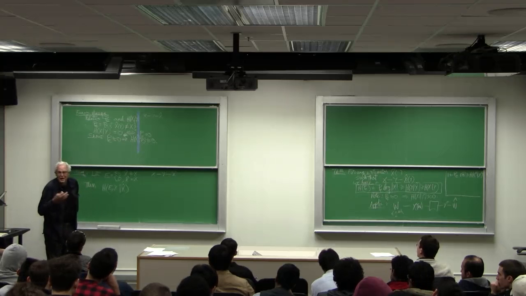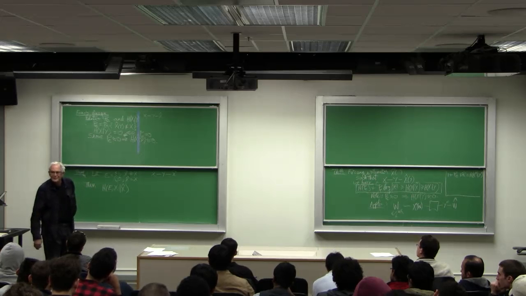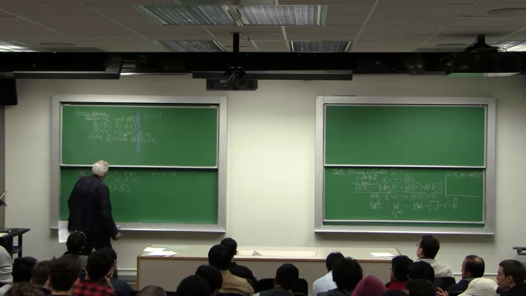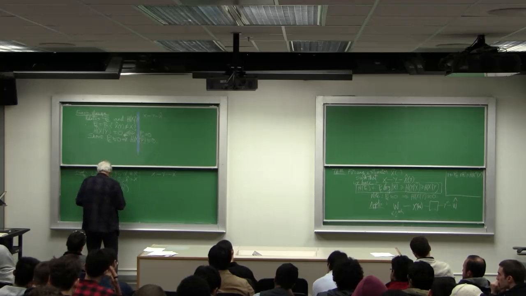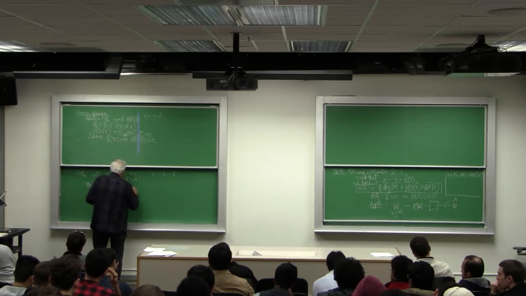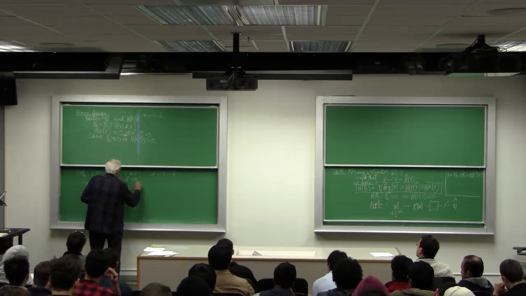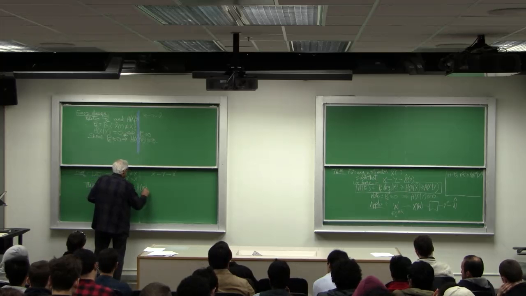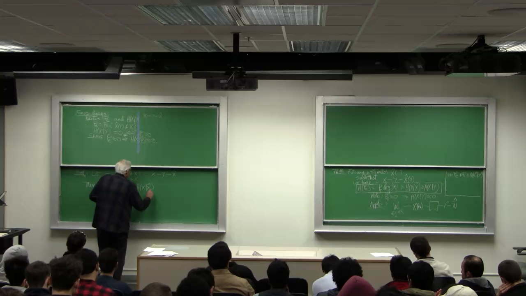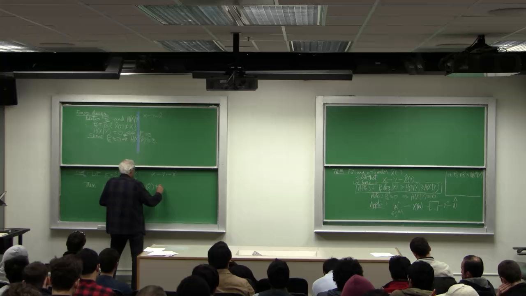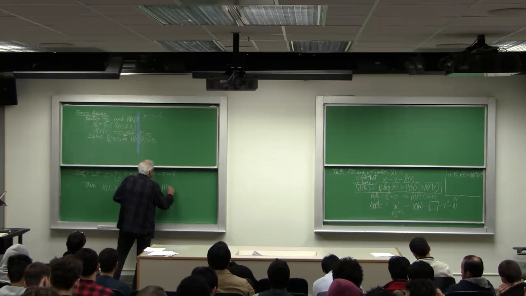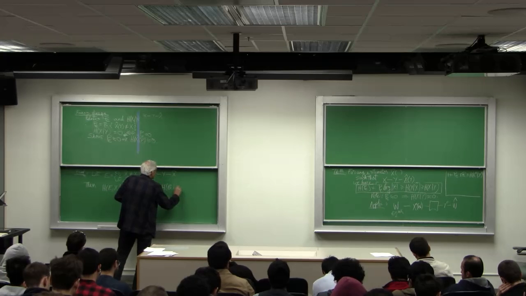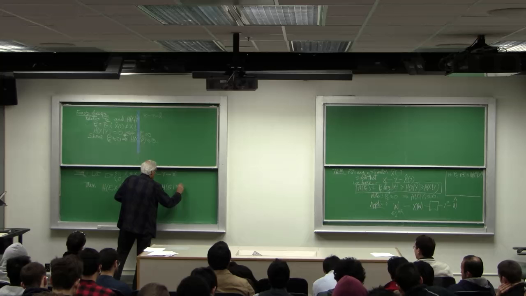So they're all related random variables. So I'll write it this way. First, the entropy of X given X hat plus the entropy of the error given X and X hat.